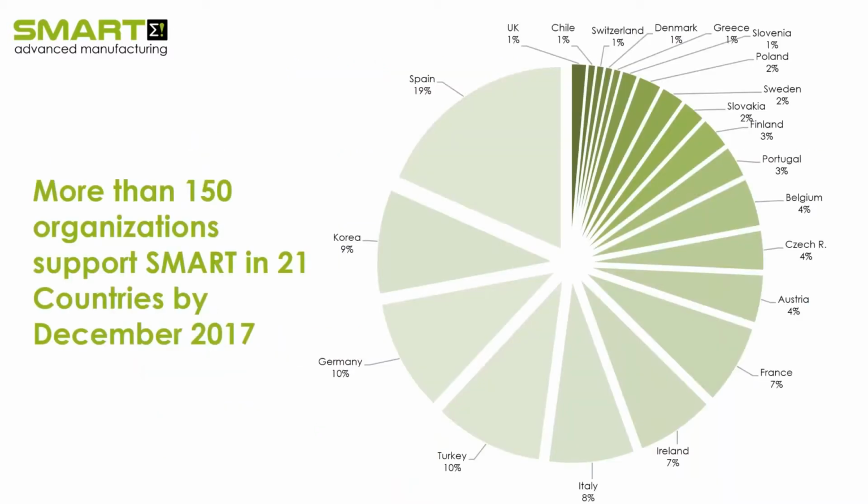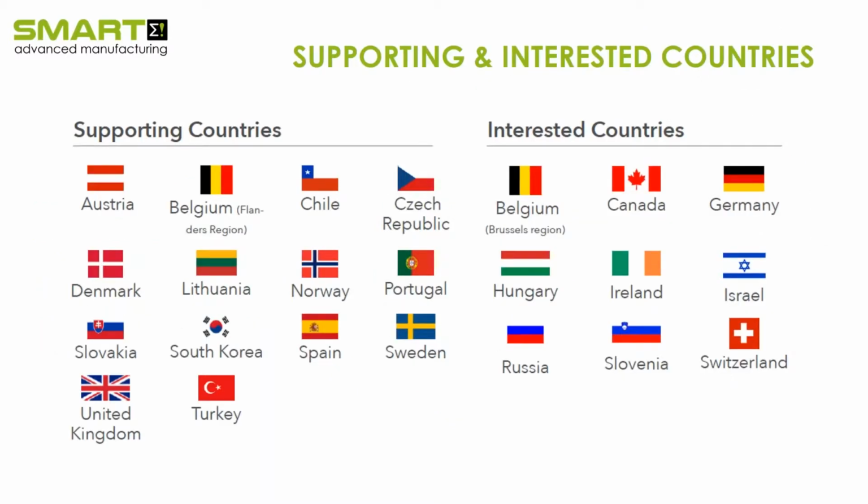More than 150 organizations are supporting SMART and have joined SMART. Here you can see the distribution coming from the countries. So we have representatives from many countries. Okay, and this is by December 2017. And these are the countries that are nowadays supporting SMART.